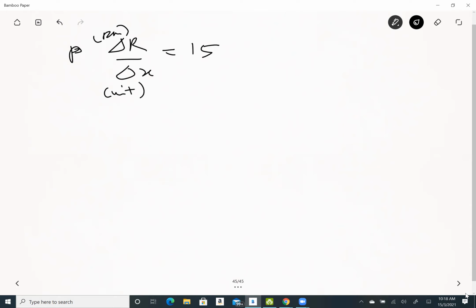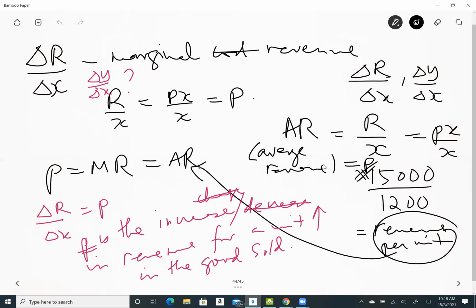So how do you interpret the 15? That 15 is the price, and that 15, which is the price, is the increase in revenue. So how do you describe it? We go back like this, delta Y over delta X. So you just extend it to the revenue.